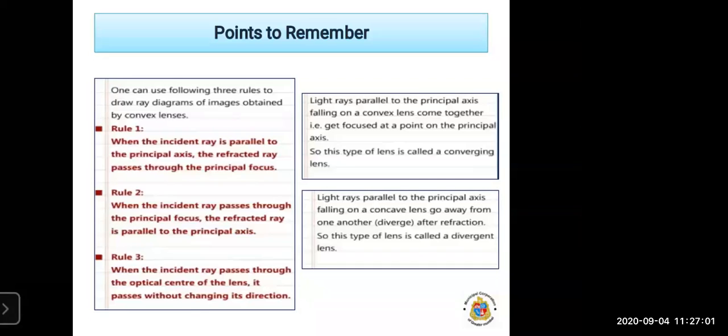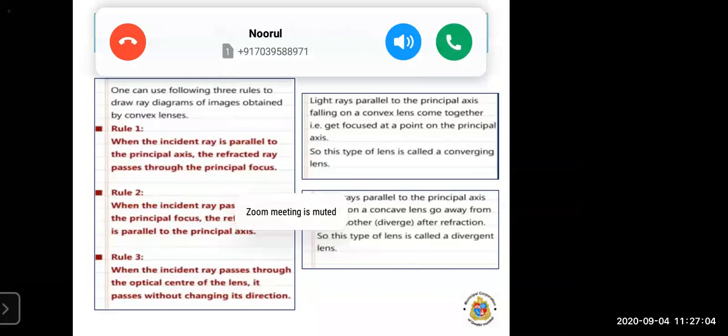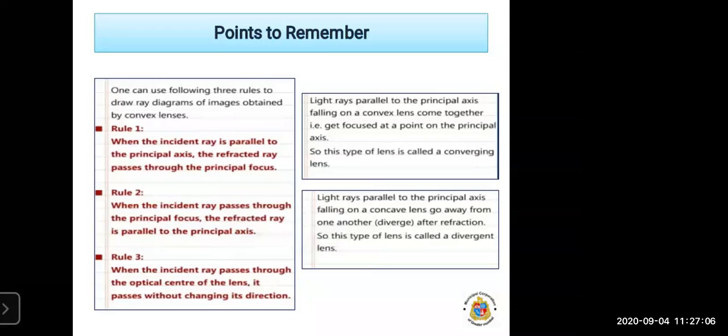Why? Because when light rays parallel to the principal axis are incident on the surface of the convex lens, they come together at a point where the converging occurs. Because of the converging of the refracted rays, that lens is called a converging lens, that is, the convex lens.